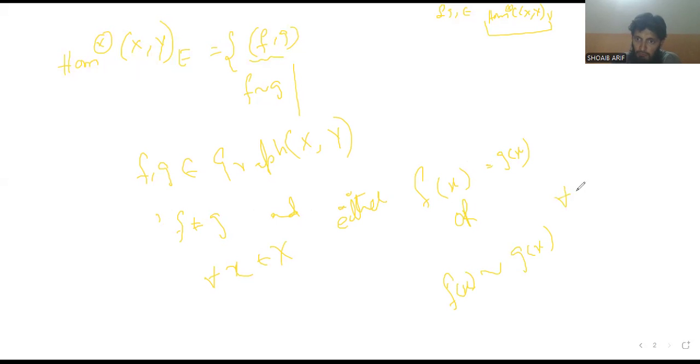This condition must hold for all x belonging to X. This is the set of edges of the Hom tensor (x, y) graph.